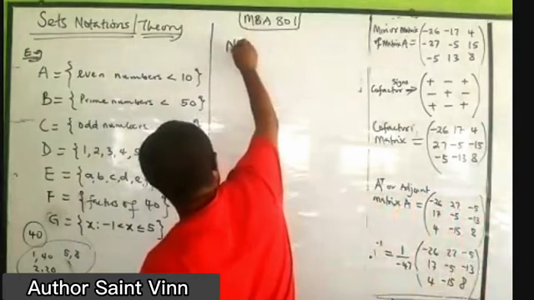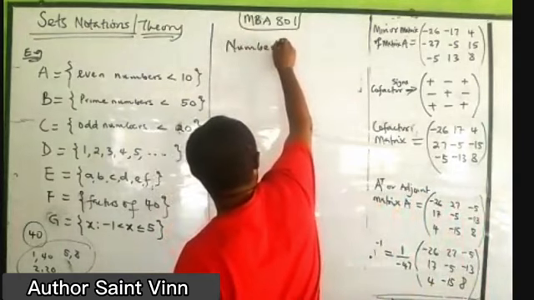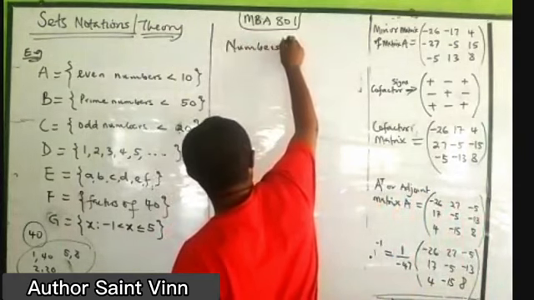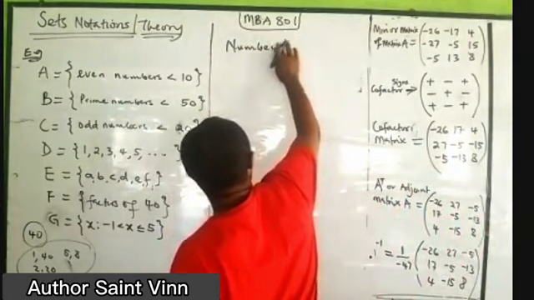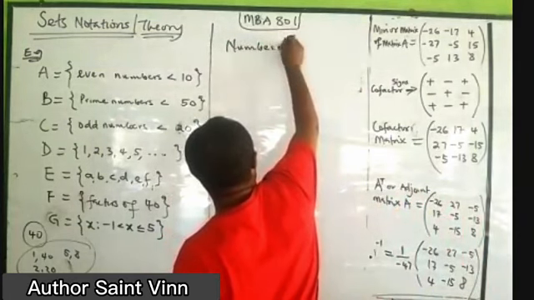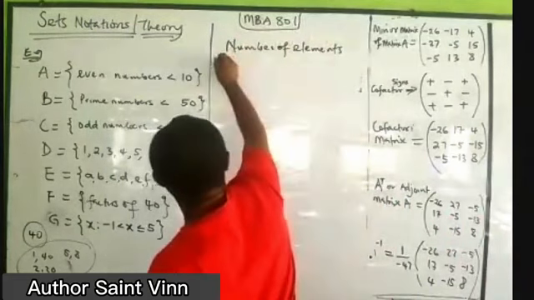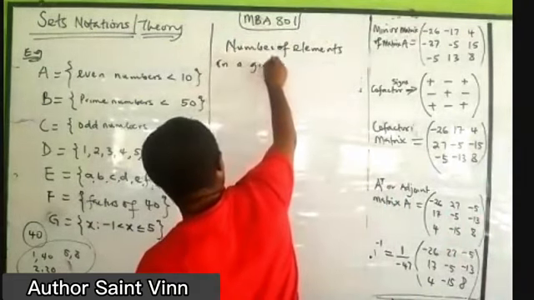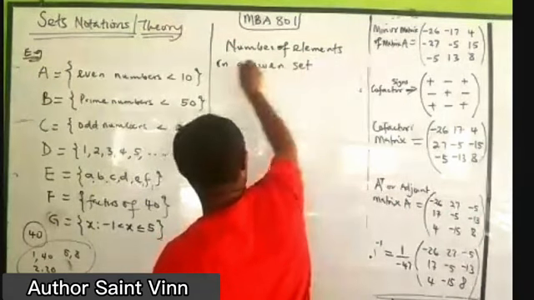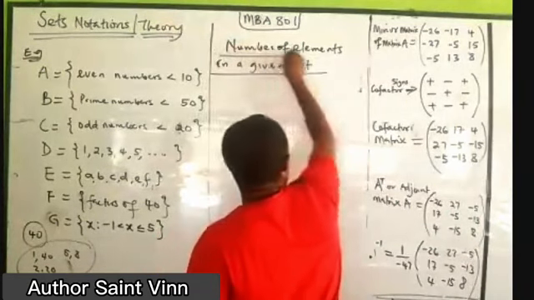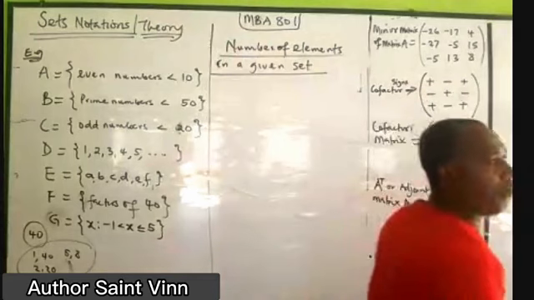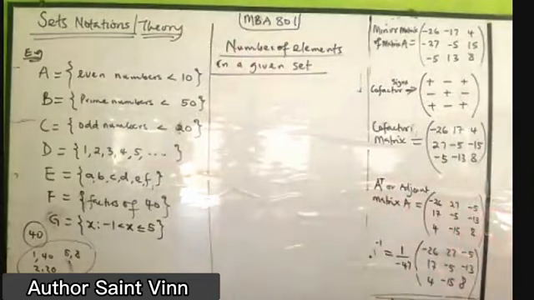The next one is another subtopic: number of elements in a given set. We count the elements in a set, and when we are counting, repetition is not allowed.